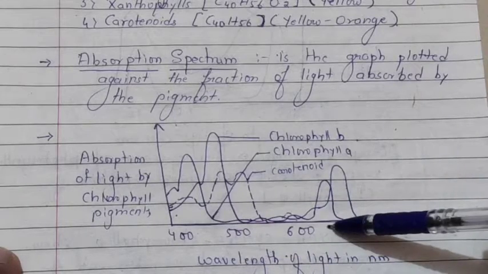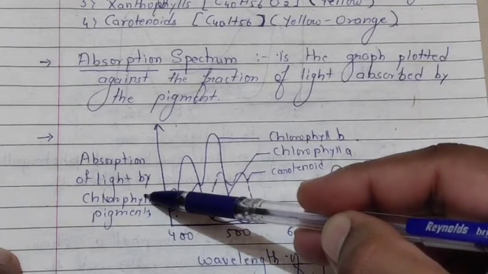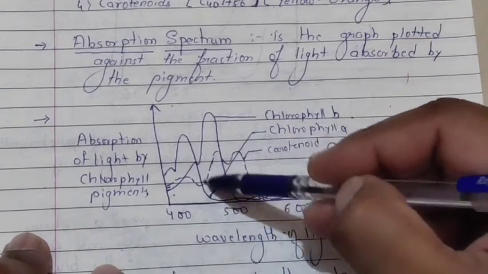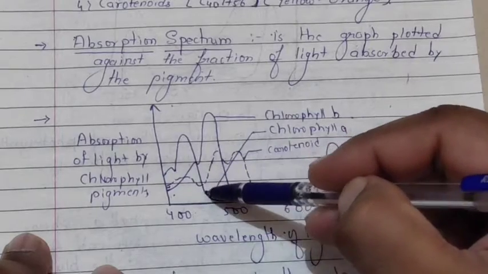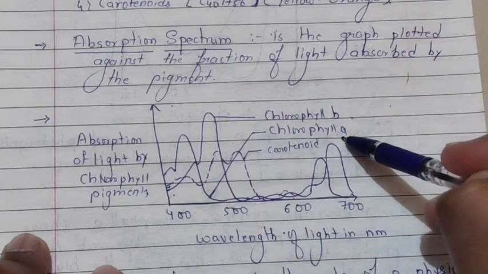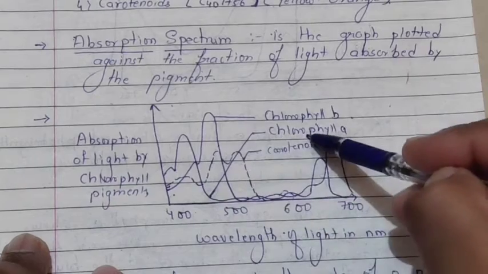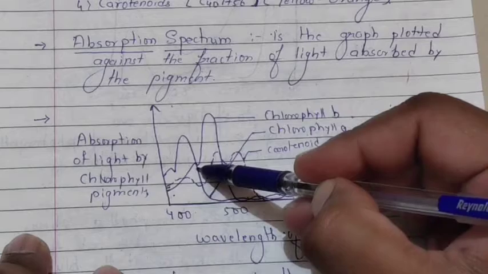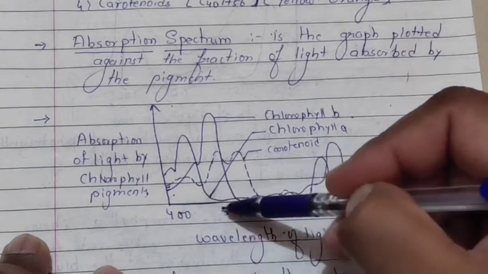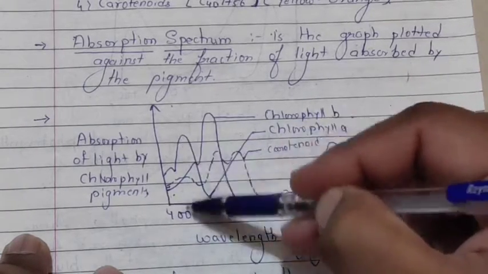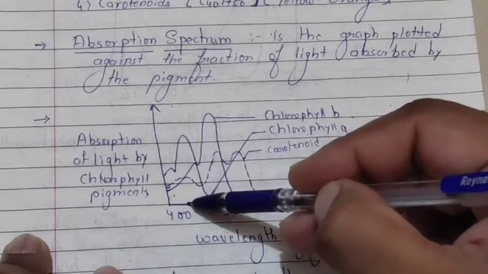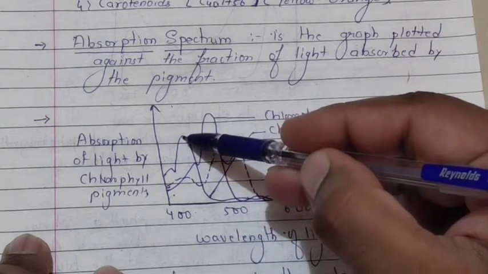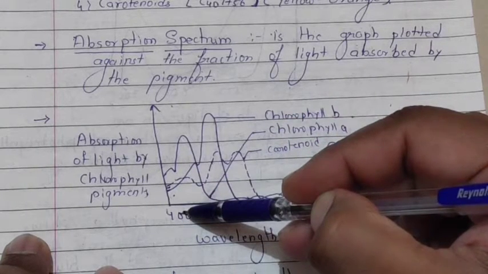Here if you observe this particular peak, this peak is of chlorophyll A. The peak is lying in the range of 400 to 500 nanometer, particularly near 400 nanometer, right? Then this chlorophyll A molecule is showing maximum absorption at 400 nanometer.